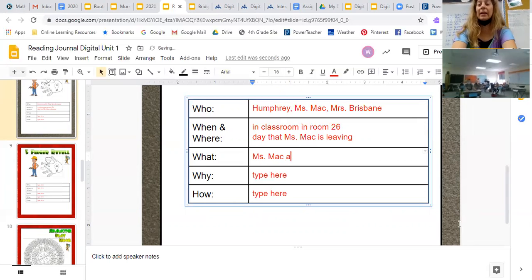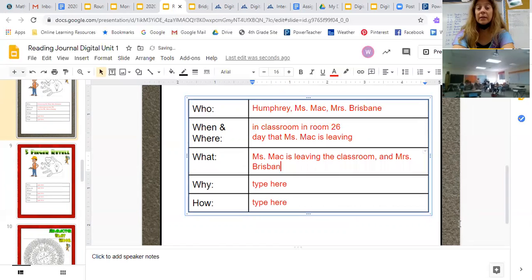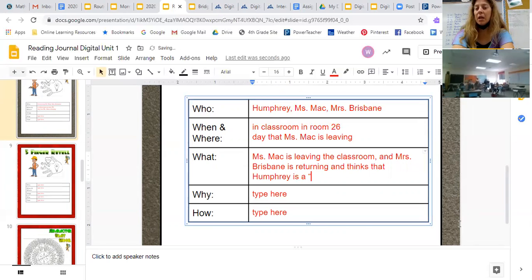Ms. Mack is leaving the classroom, and Mrs. Brisbane is returning and thinks that Humphrey is a rodent. I think those are the events, right?